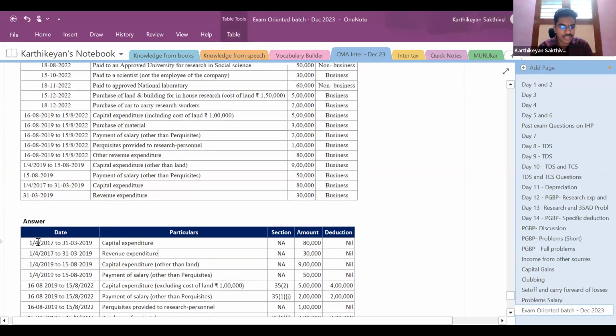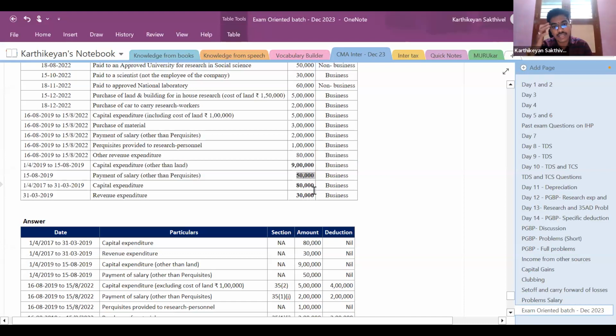Right. So basically from 1/4/17 to 31/3/19, nothing is allowable. Correct? So this 80,000, then the revenue expenditure of 30,000, then the capex of 9 lakhs, and then the payment of salary other than perquisite.